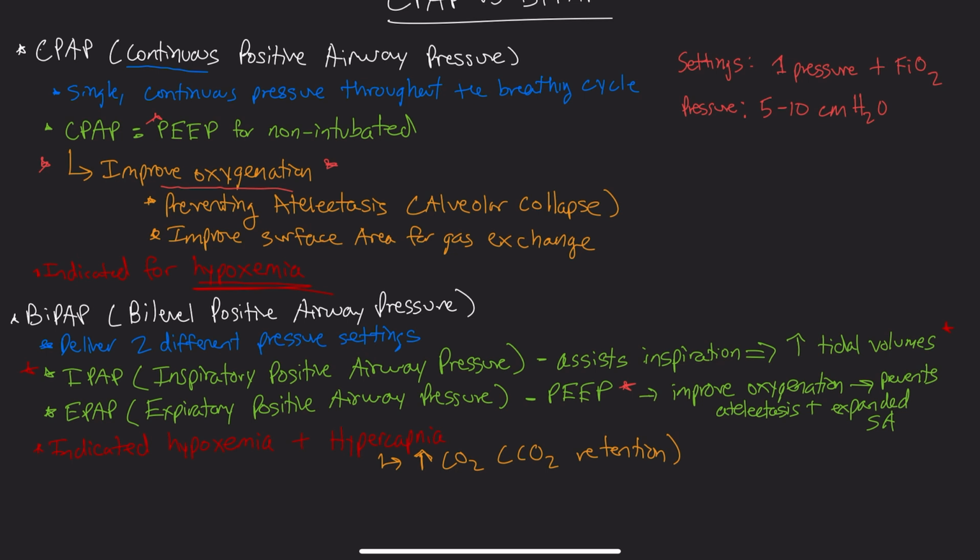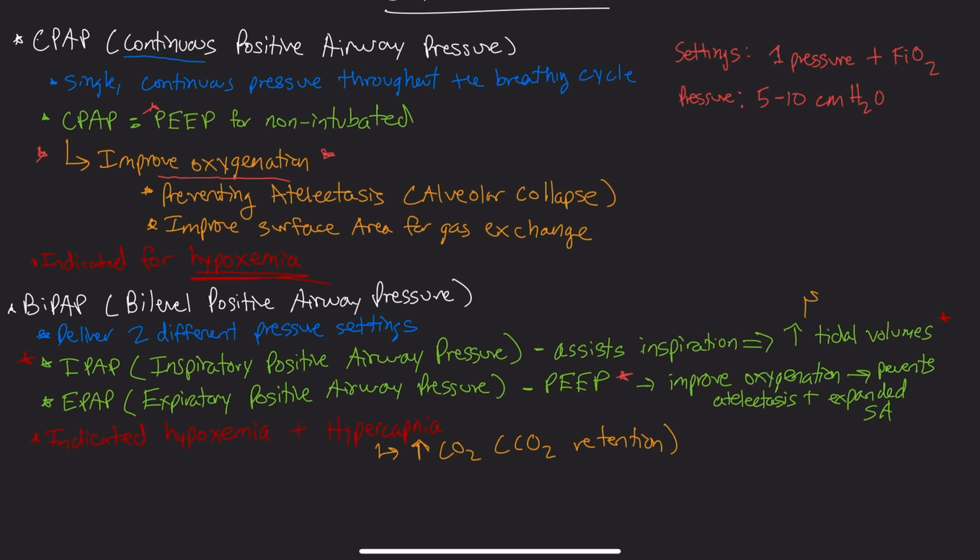So we've got to remember here that tidal volume is just the amount of air that's moved in and out during a normal breath. So by increasing this tidal volume with this inspiratory pressure, you're going to get more air in and eventually more air out, right?